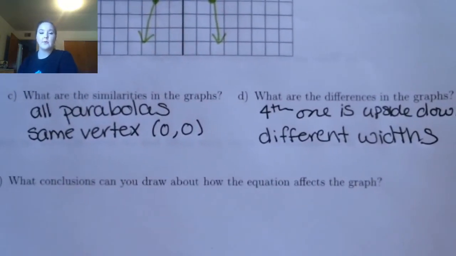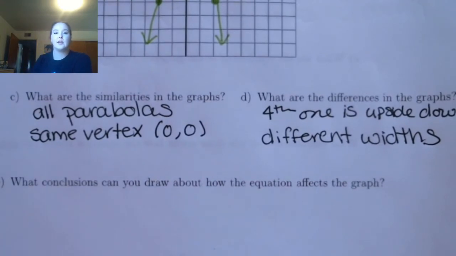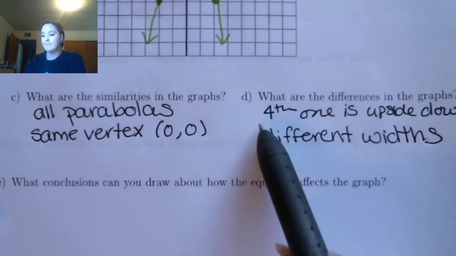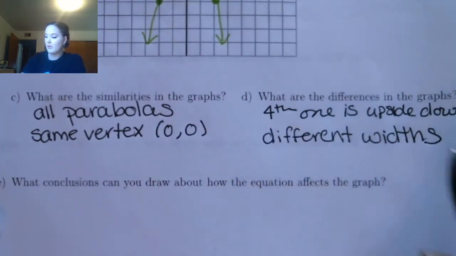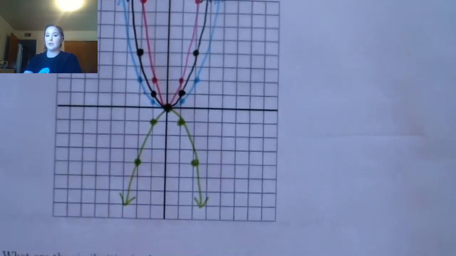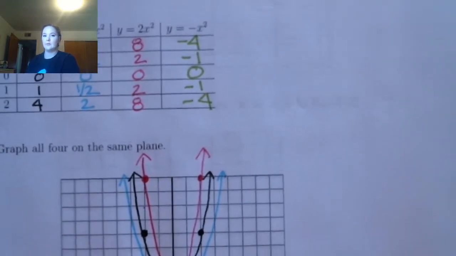And then the last question is, what conclusions can you draw about how the equation affects the graph? First we're going to focus on the fourth one being upside down, which is the green one, this last one.